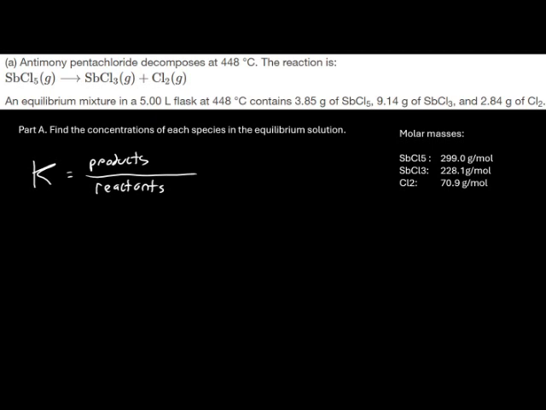Now we have two options as to how we can write the K. We could write it in terms of molarity, and if we write it in terms of molarity, we'll get something called Kc, C standing for concentration. Now, since our reaction is all gases, we could write it in terms of Kp, and that will be in terms of pressure.